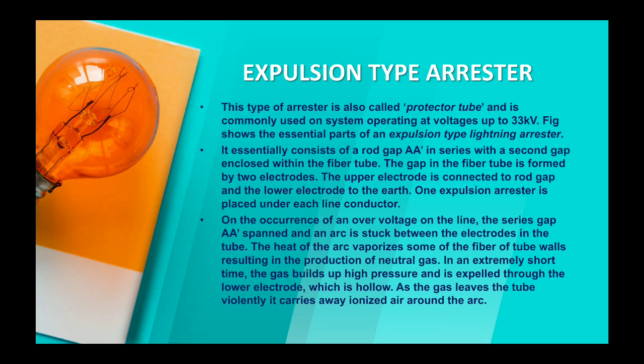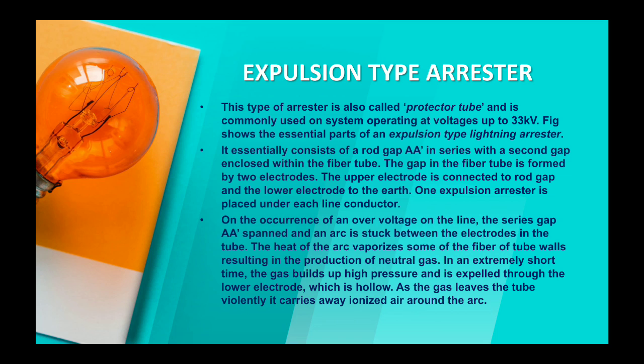On the occurrence of an overvoltage on the line, the series gap A is spanned, and an arc is struck between the electrodes in the tube. The heat of the arc vaporizes some of the fiber of the tube wall, resulting in the production of neutral gas.